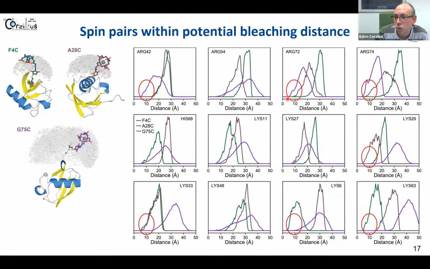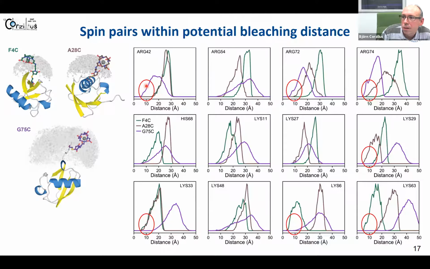At these short distances, we have to assume that there is a lot of signal bleaching going on. This is a really bad situation because of the r to the -6 dependence of these distances.